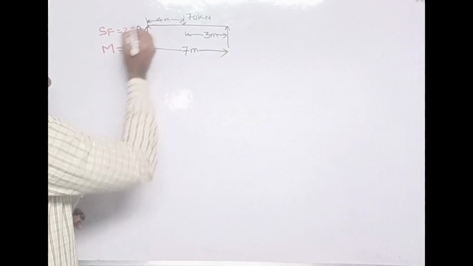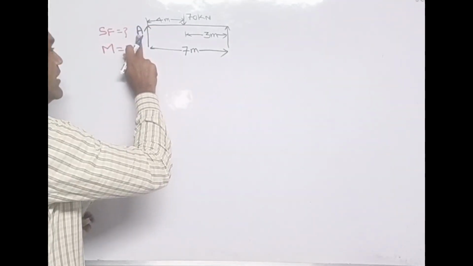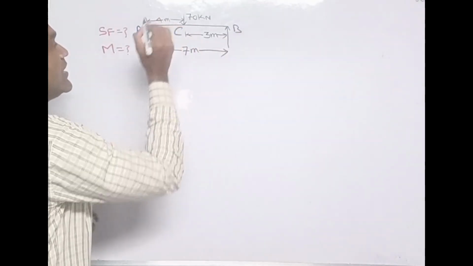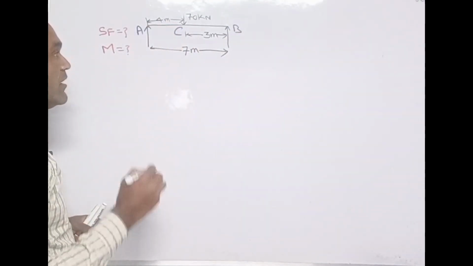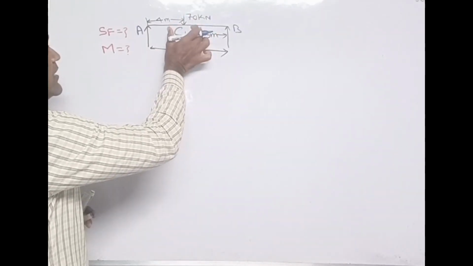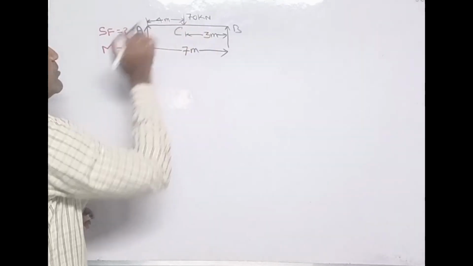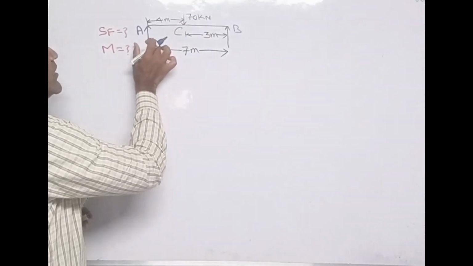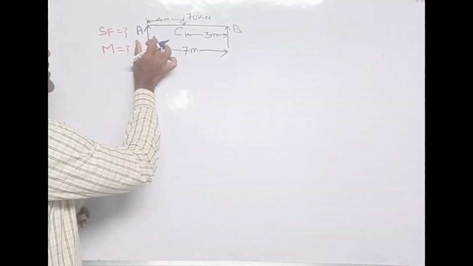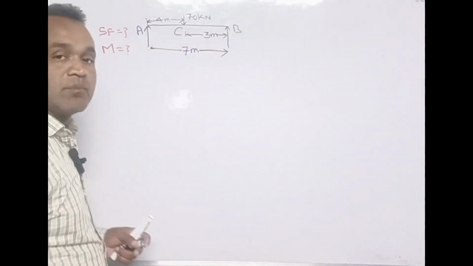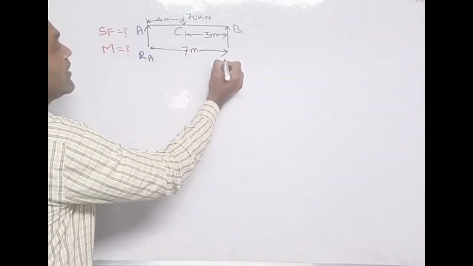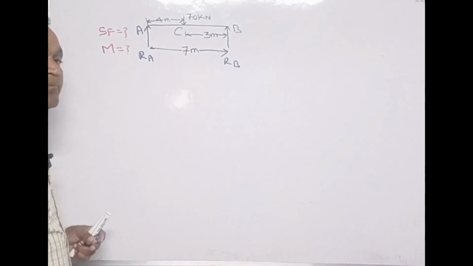Let us name this as A, this as B, and this one as C. When this load is acting as a point load on this beam, first of all, we need to find the reaction at support A and reaction at support B. So we have to find RA and RB.